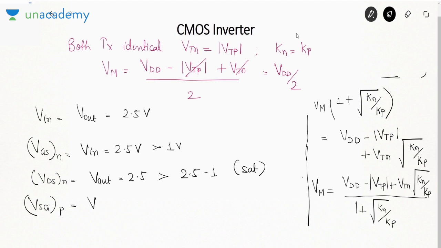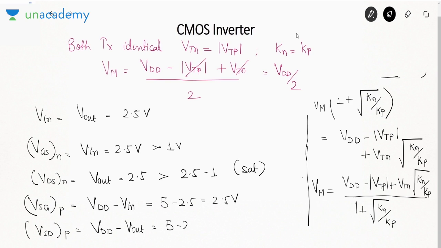What about VSG in PMOS? In PMOS, the source to gate voltage was VDD minus Vin. VDD is 5, Vin is 2.5. It is 2.5 volt. What about VSDP? It is VDD minus Vout, again 5 minus 2.5, 2.5.